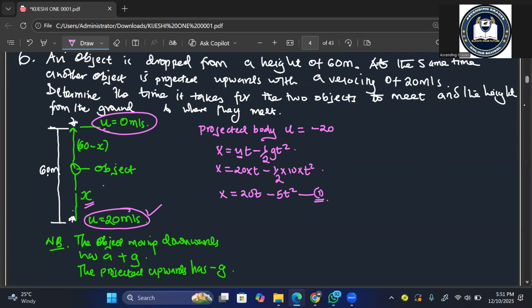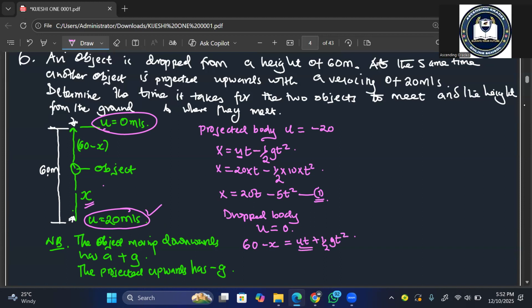The second body, which is the dropped body, its initial velocity was 0. So it covered a distance of 60 minus x, and therefore from ut, supposed to be plus, sorry, plus half gt squared.